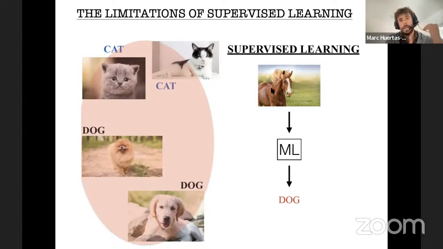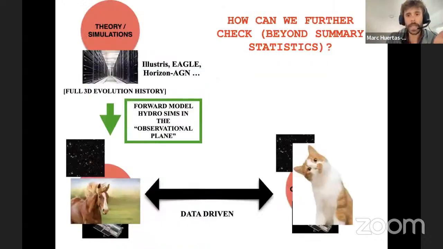So you want to go even further and test how close the simulations are to the observations, but without imposing any category. So basically, how can we further check that? Do these live in the same manifold, let's say?